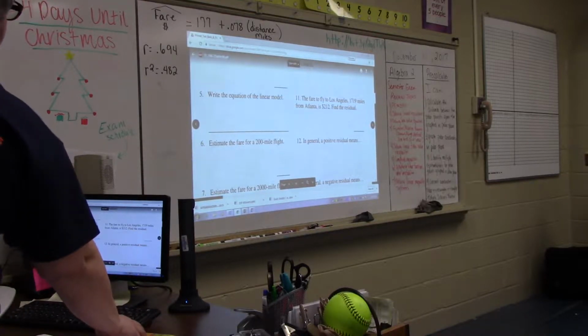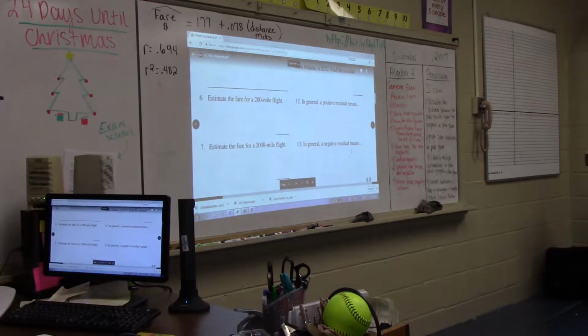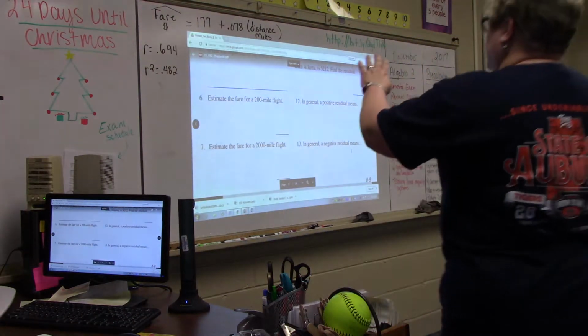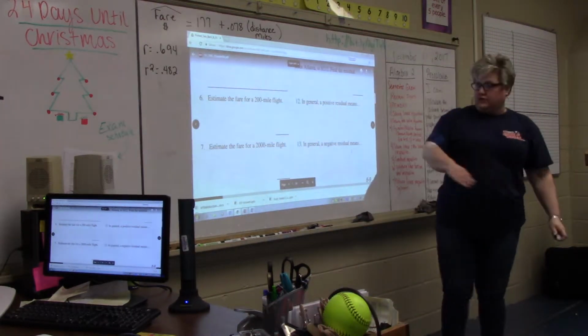Now, 6 and 7 ask you to do 2 things. It says estimate the fare for a 200-mile flight. And 7 says estimate the fare for a 2,000-mile flight. So you are going to use the model you have created here.